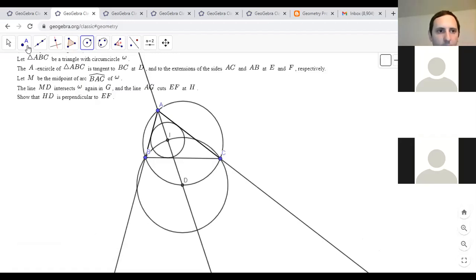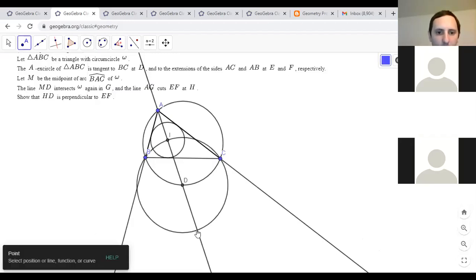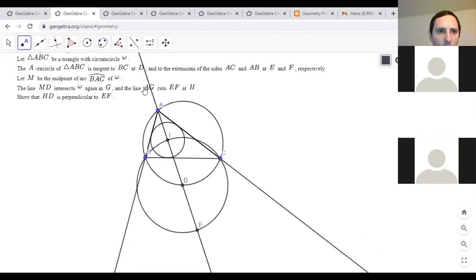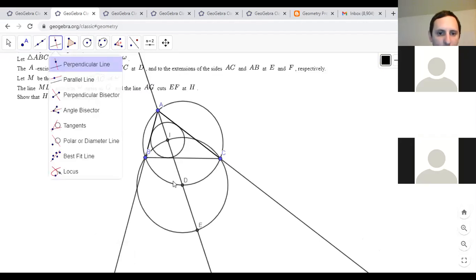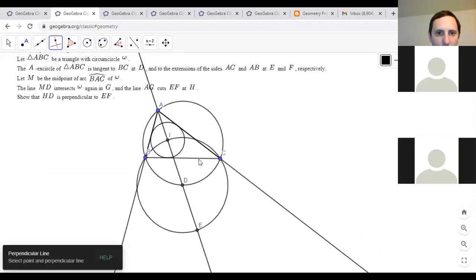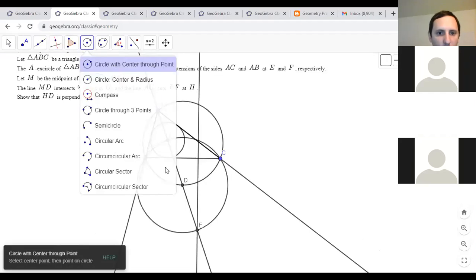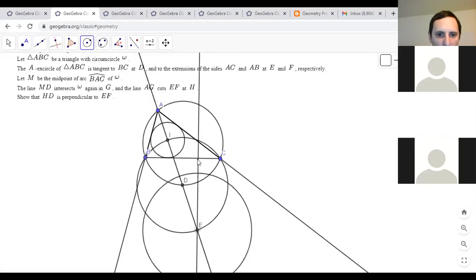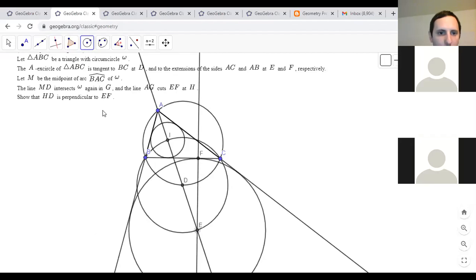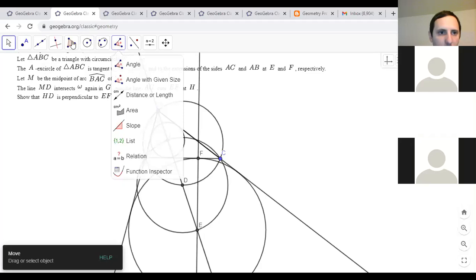I'm sorry, this point here is the excenter. So I'm going to have to rename a couple of things.